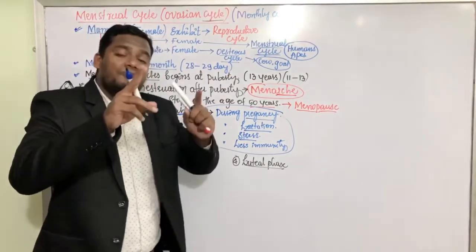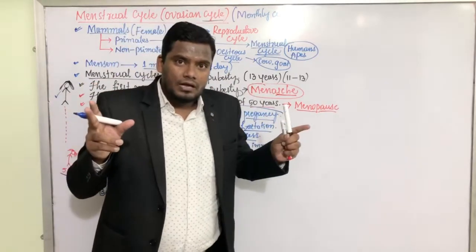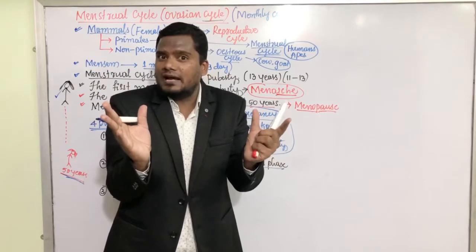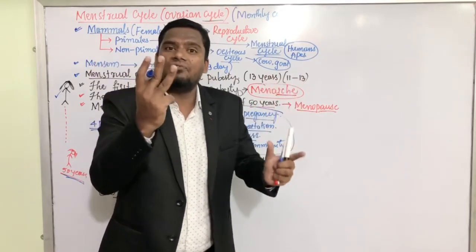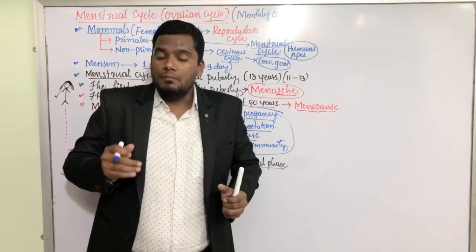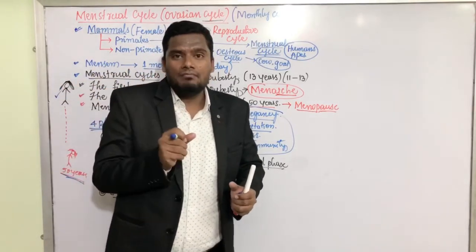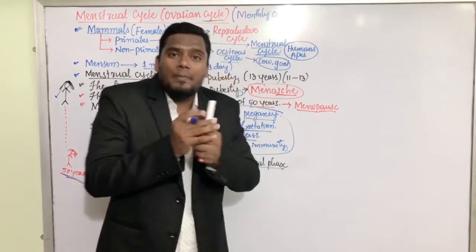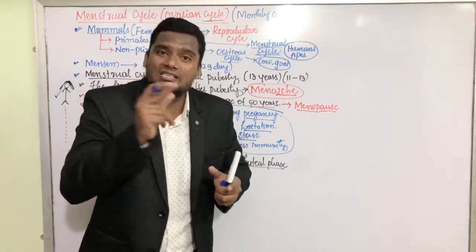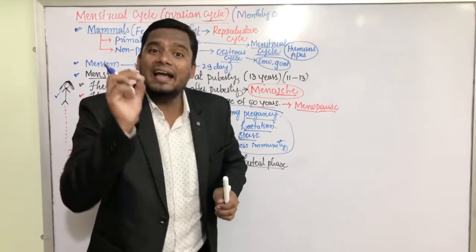If you recall the female reproductive system, there is a uterus, and that uterus is lined with 3 different layers. The outer layer is perimetrium, the middle layer is myometrium, the inner layer is endometrium, and this endometrium is highly vascularized and highly glandular.